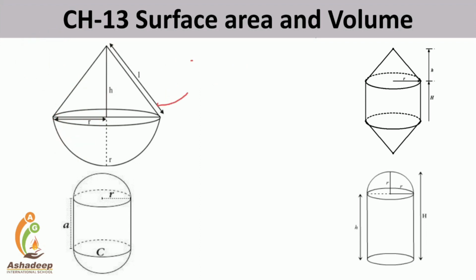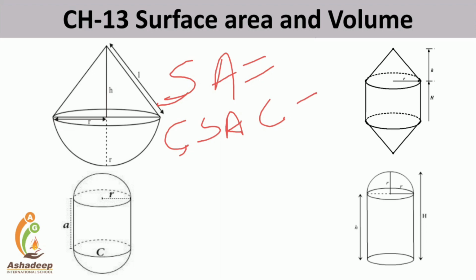Surface area is equal to the curved surface area of the cone plus the curved surface area of the hemisphere, right? So what is the curved surface area of the cone?